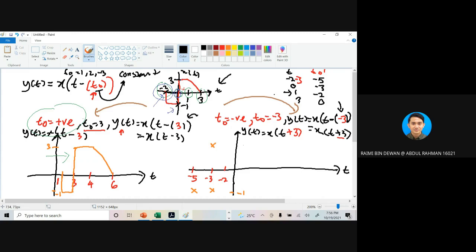There's no increase or decrease in the amplitude, so it should be the same. And then after that, the value goes down, just like the original going down.